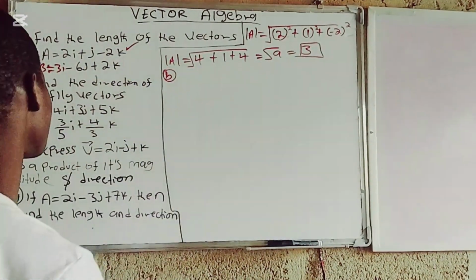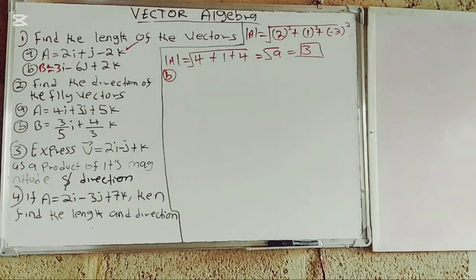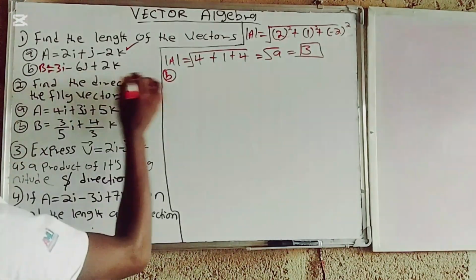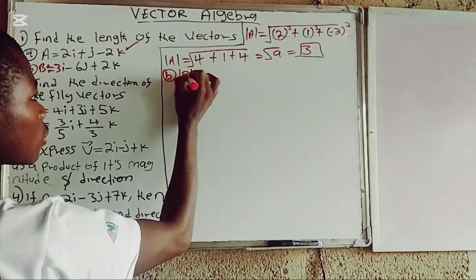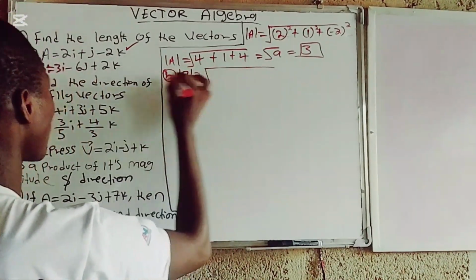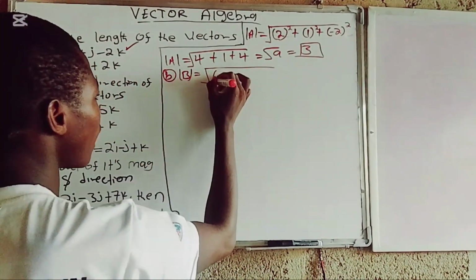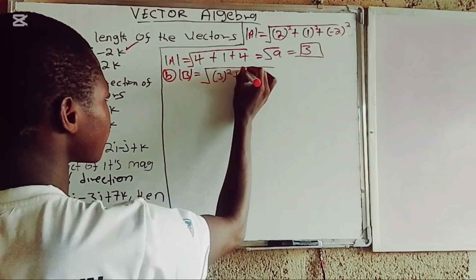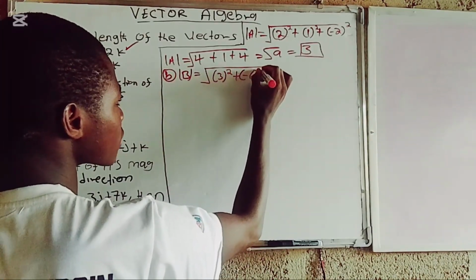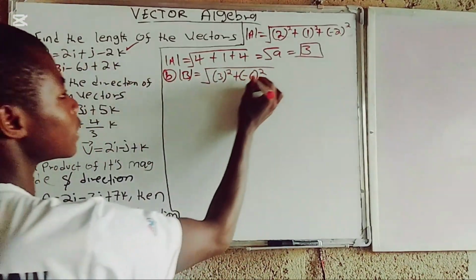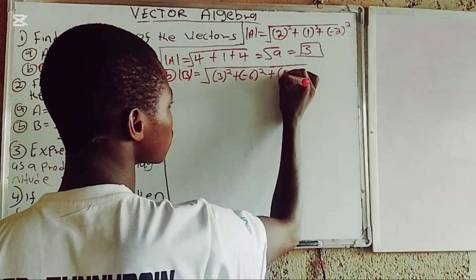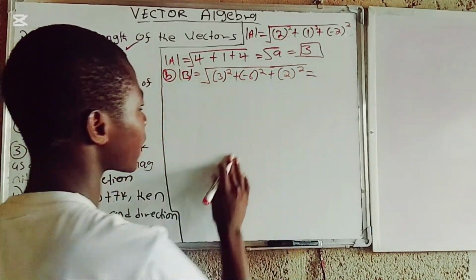The same question, feel free to pause the video so that you can have a try, and you will get the correct answer. So the magnitude of B is the same thing as taking the square root of all this. I'll have 3 squared plus negative 6 squared plus 2 squared.